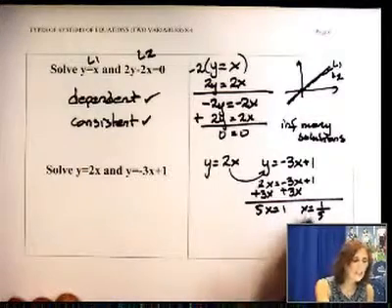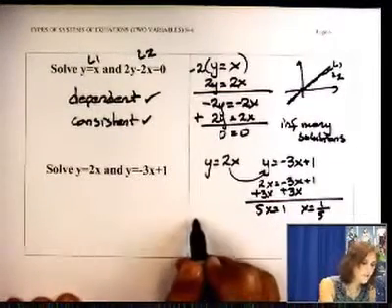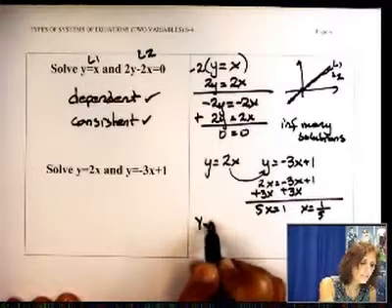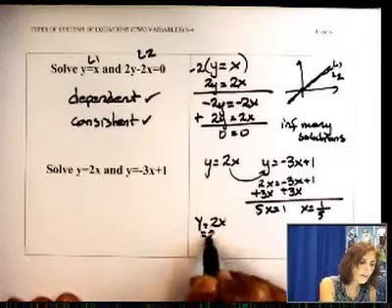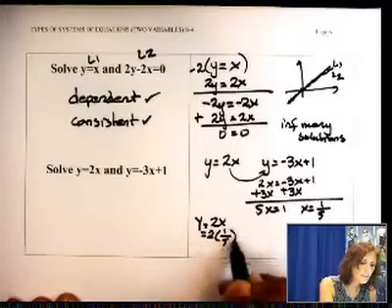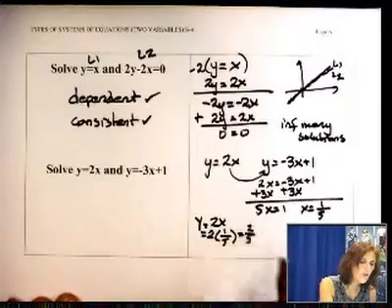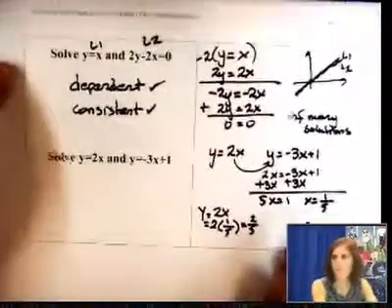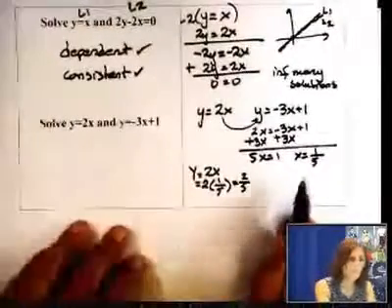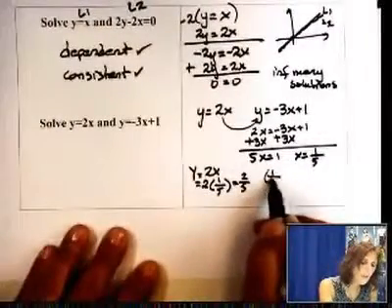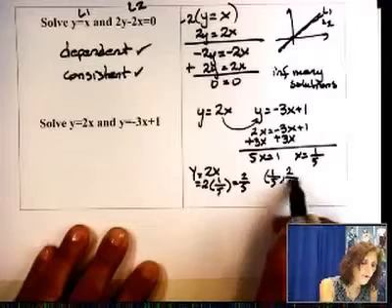Now let's take that x and put it where y is. y equals 2x, so y equals 2 times 1/5, which is 2/5. So I have one solution. My solution is 1/5, 2/5.